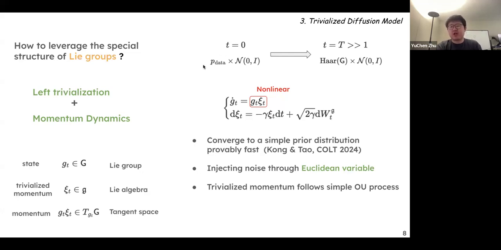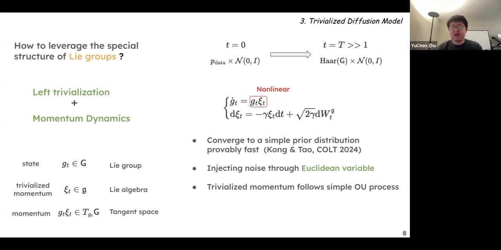If you start this position G_t from the data distribution, and you initialize the momentum with the standard Gaussian, then at large time t, they will converge fast to the Haar measure on the Lie group, and the momentum will remain invariant, being the standard Gaussian. This Haar measure essentially is a generalized notion of a uniform distribution if we work with a compact Lie group.